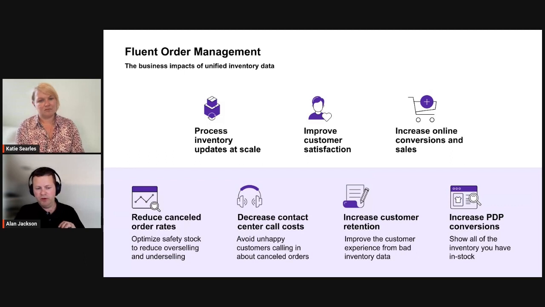And you're going to see a drop in cancellation rates, and call centers become less busy, which is a good thing. And your customer retention is going to go up, and brand loyalty, and people aren't walking away from your brand because they've had a bad experience due to a missed delivery promise, or you said you had something but in fact you don't.